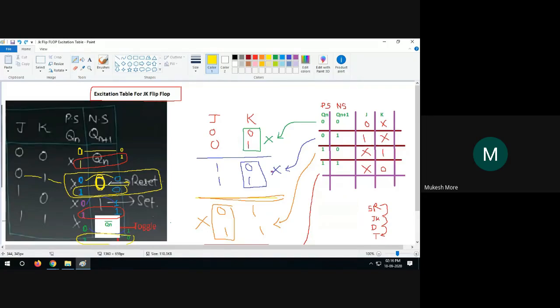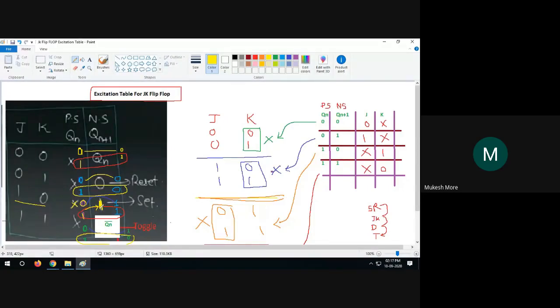This is about the second condition. And the third combination is J=1, K=0. When don't care, present state is 0 or 1, but the flip-flop gives 1 as output.